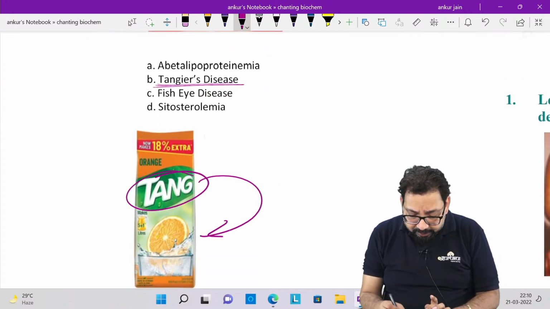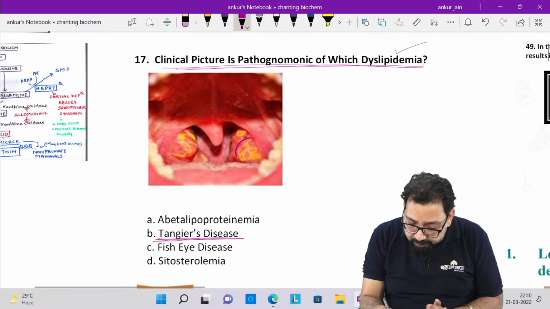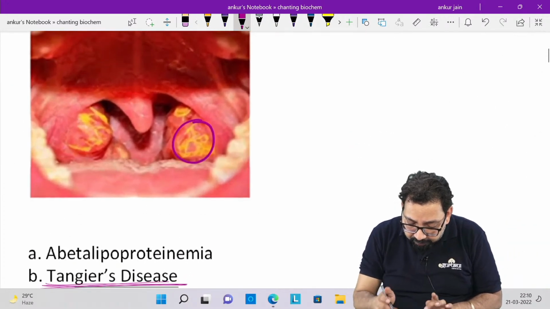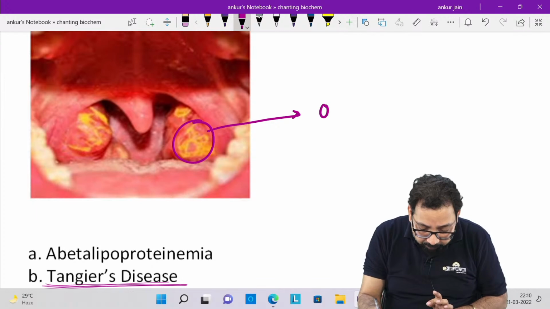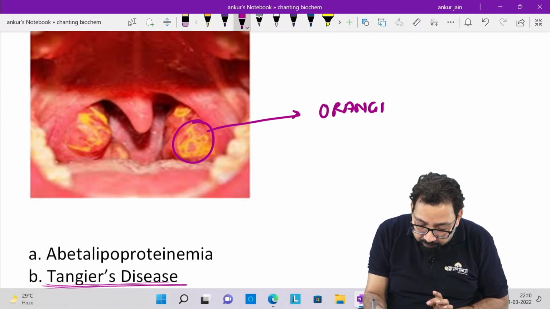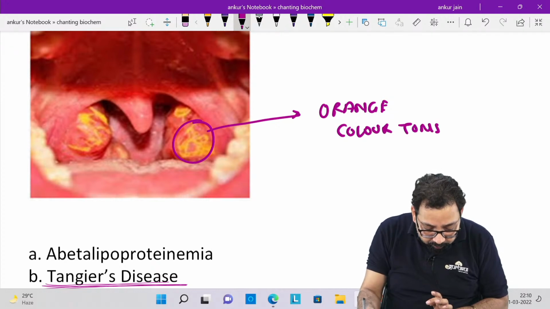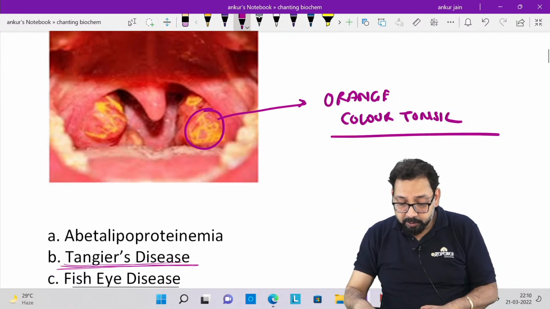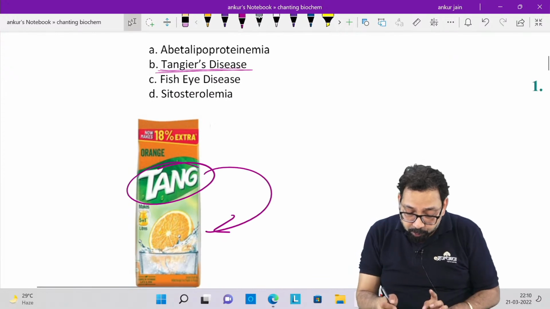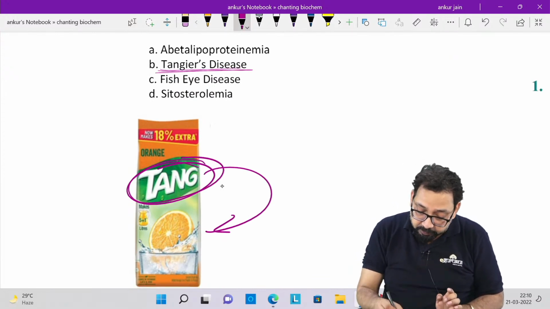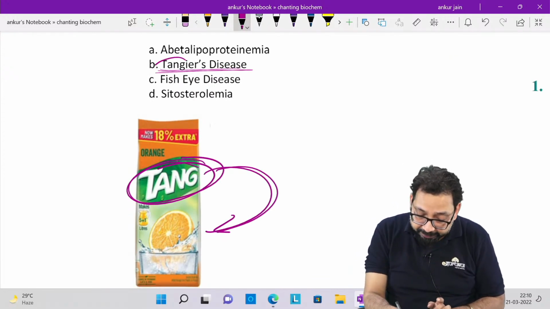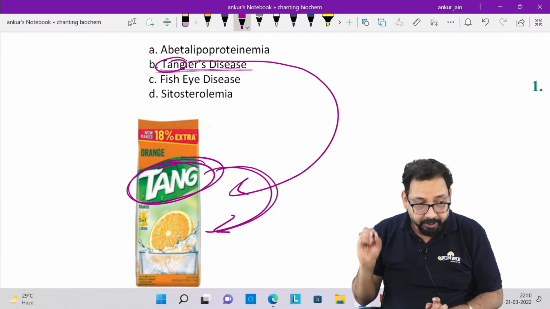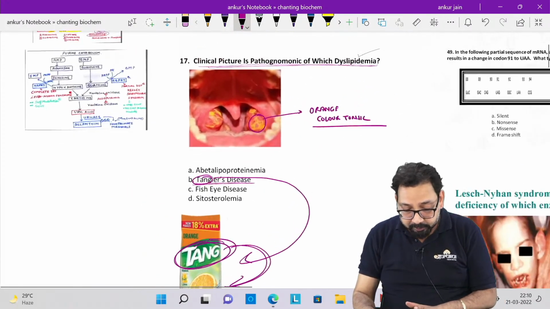Orange color. This is orange color tonsil. Question is asked, sometimes you will find orange color tonsil. Most common flavor of Tang is orange flavor. So Tangier disease. You will remember like this, mnemonic.